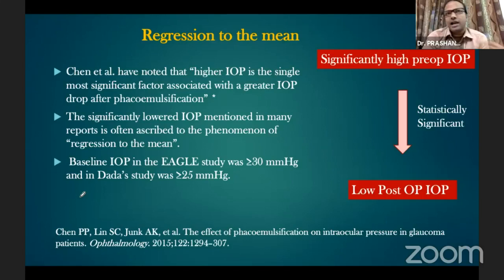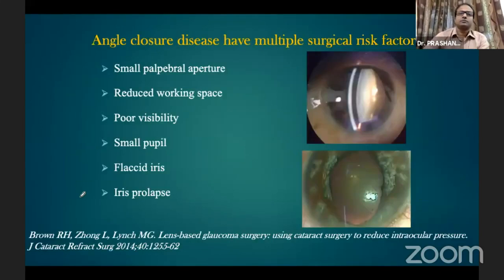So because of the high pre-op pressure and regression to the mean, the significantly lowered IOP is mentioned in many of the reports. Both the EAGLE study and the study by Dada had pre-op IOP of more than 30 and more than 25. That is why the drop in IOP was very significant.